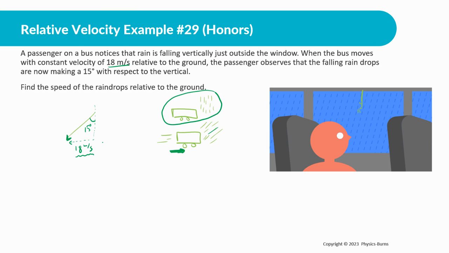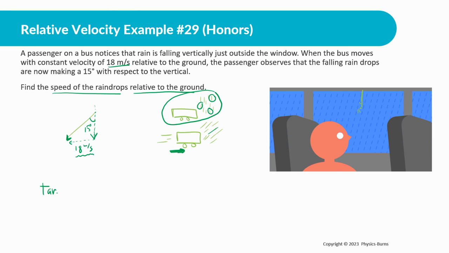And so when we're looking for the speed of the raindrops relative to the ground, we're looking for how fast these raindrops are going, because the ground isn't moving. So we're looking for how fast those raindrops are going, which is equivalent to this line right here. So we can use tangent to find that.